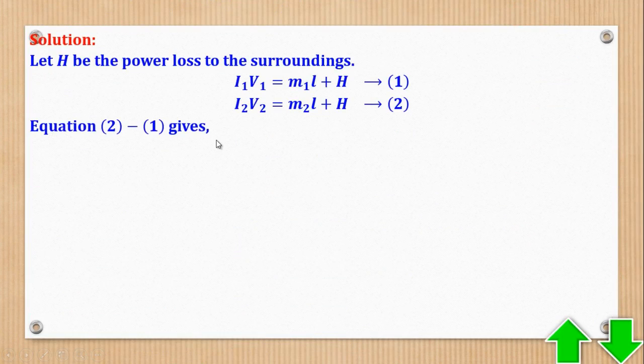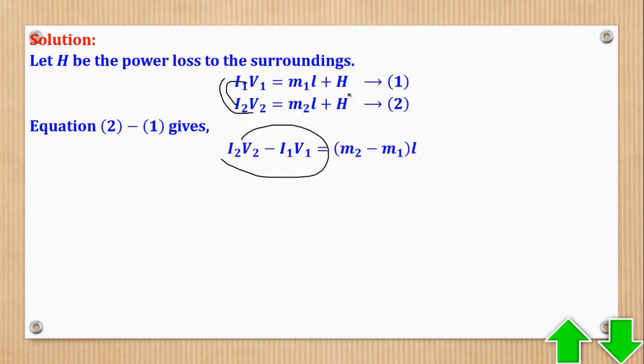So when I subtract the 2, I'll come up with this. So this minus this gives you this, then here this minus this gives you this part. And now when I subtract this, the H's cancel.